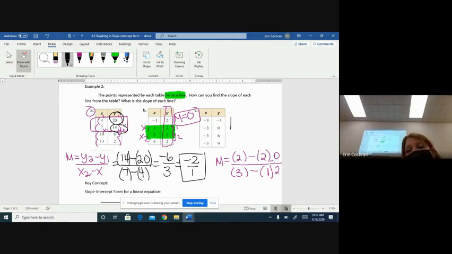No. So did I even need to do anything on this one? No. But if you did, where would the 0 be? In the denominator. And can we divide by 0? No. Nope. All right, any questions with slope? Do you feel better with it from last year to this year? A little bit? Good.